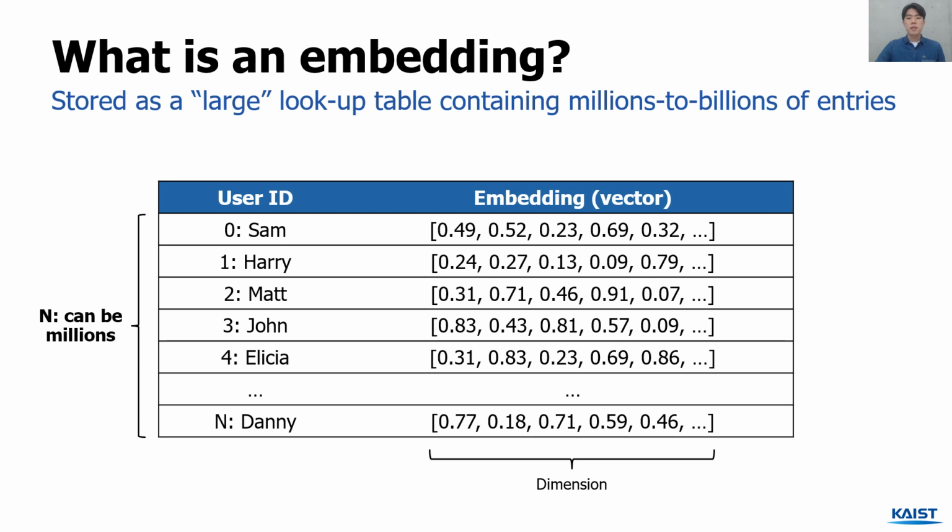The problem is, to perform personalized recommendations, the model should store all the embedding vectors for each user and item. Considering how many users or videos are available at YouTube and Netflix, the required memory capacity to store these embedding tables can amount to hundreds of gigabytes, which causes several system-level challenges, which will be discussed later in this presentation.